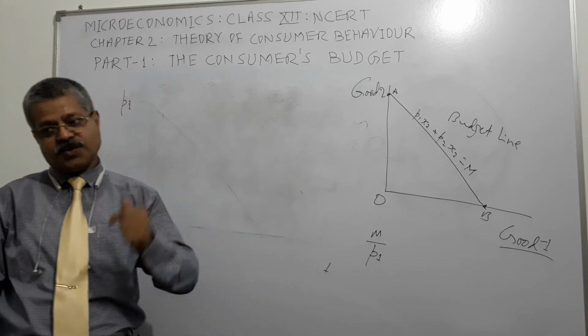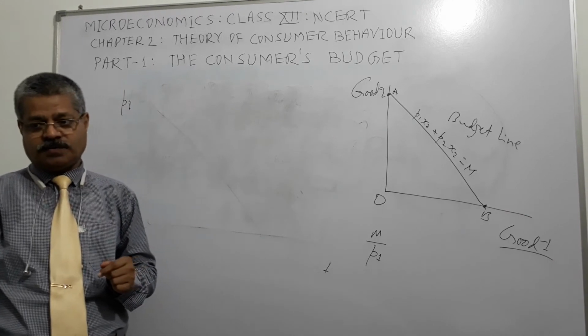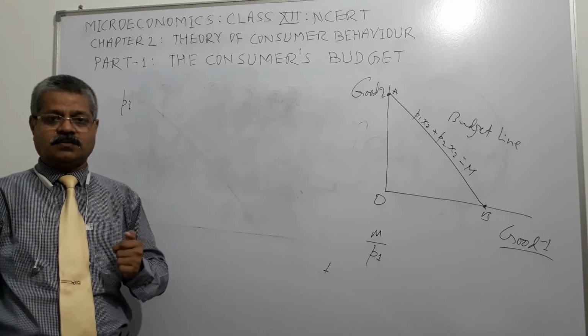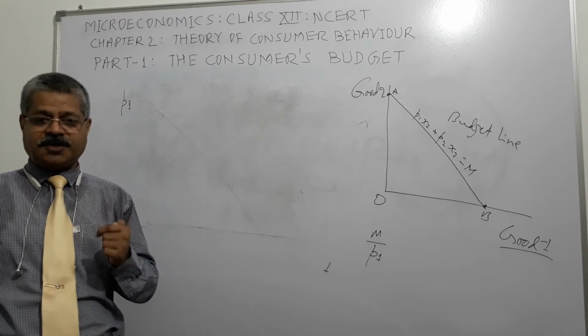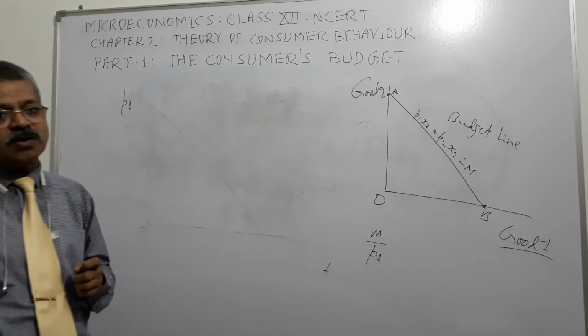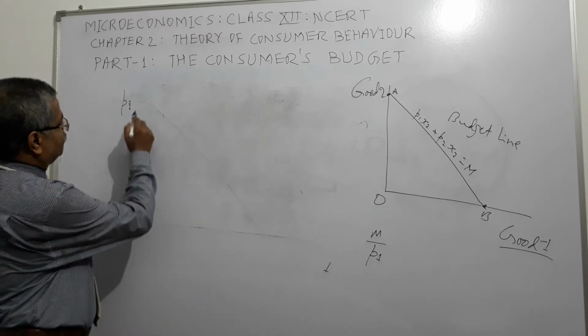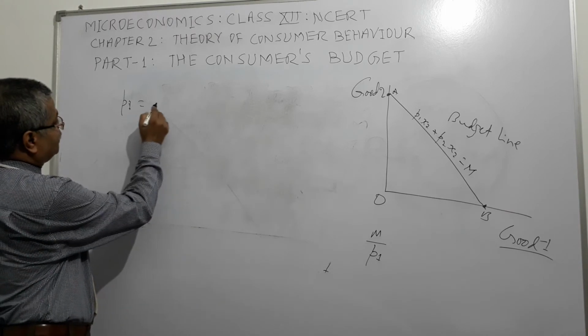With P1 he can buy P1 upon P2 units of good 2.